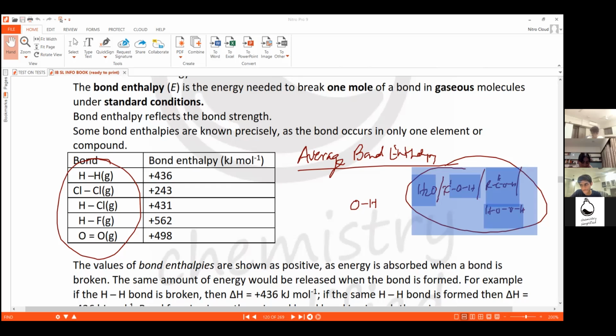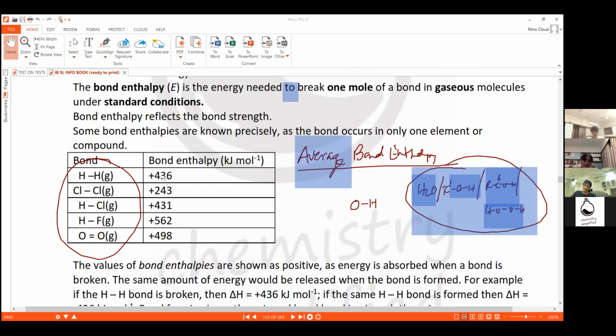O–H in water is different, O–H in alcohol is different, and so on. So what the data booklet does is show you the average value. Whichever bond can be found in more than one compound, we will use the term average bond enthalpy for those. That will not be the absolute bond enthalpy, that will be the average bond enthalpy.